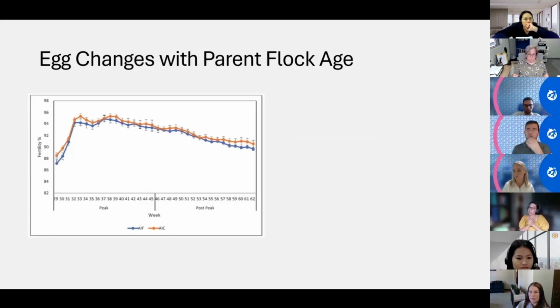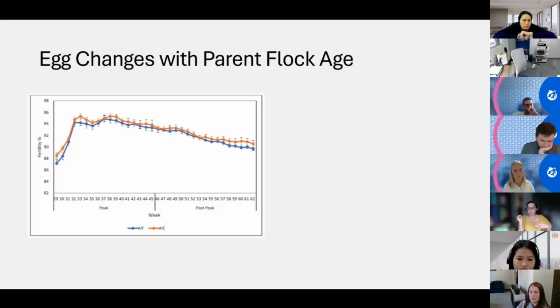Another thing, as the parent flock ages, is the fertility. As I said, it's a biological process. It will decrease. Some of the measurements that we have in the industry are with young males, because fertility is directly related to the males.